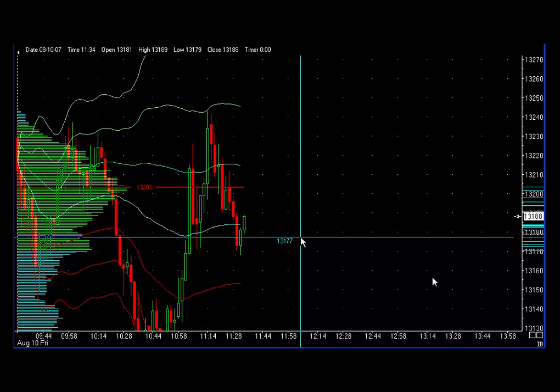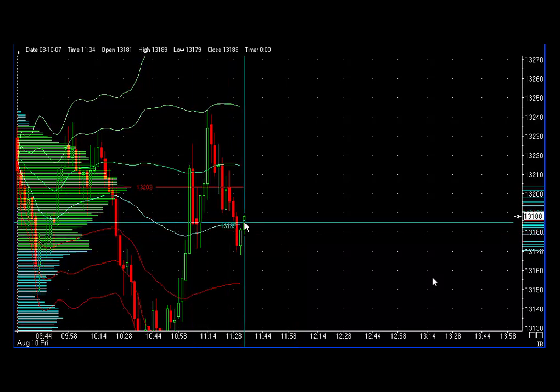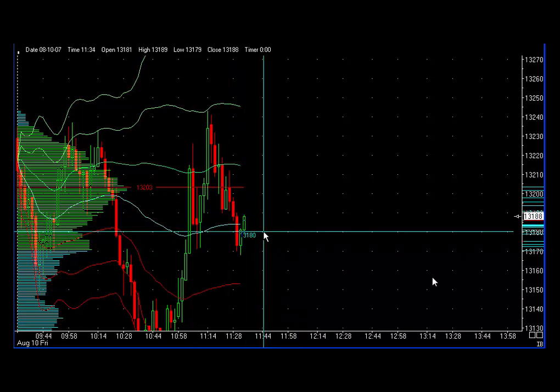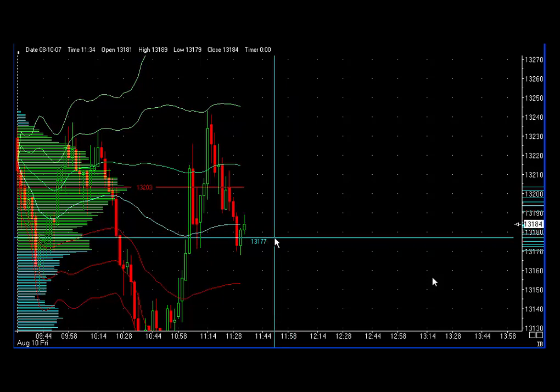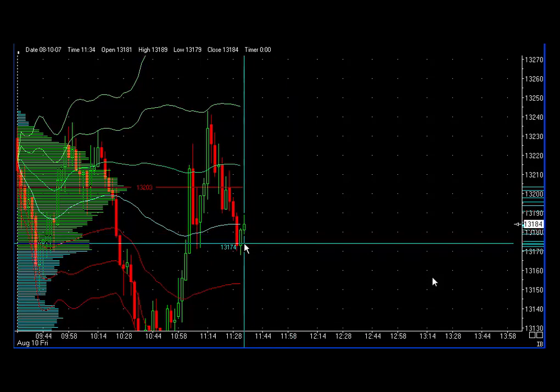If the next bar after this one completes heads back down below the low of this last up bar around the VWAP. So we're looking for an entry. 13,178 is our entry point.